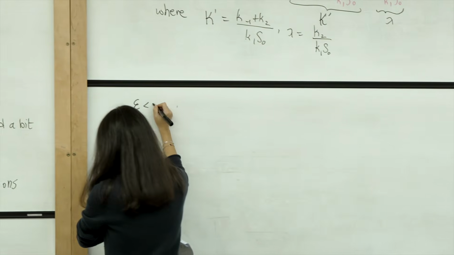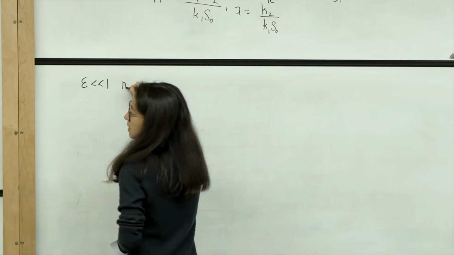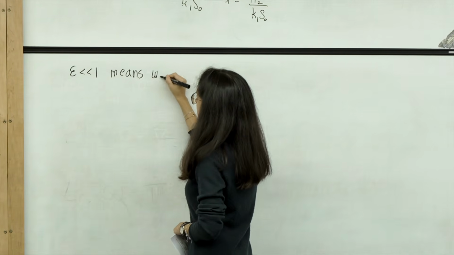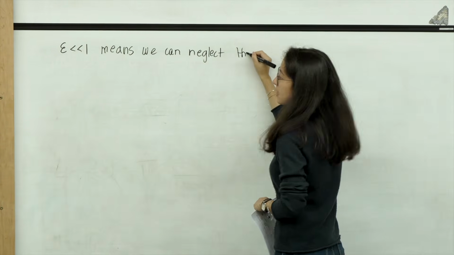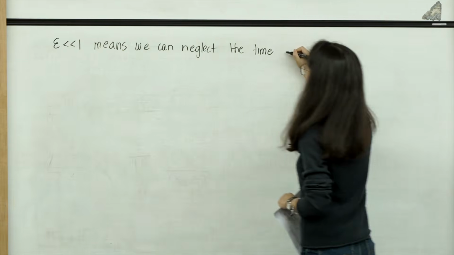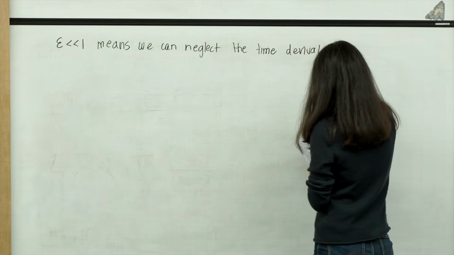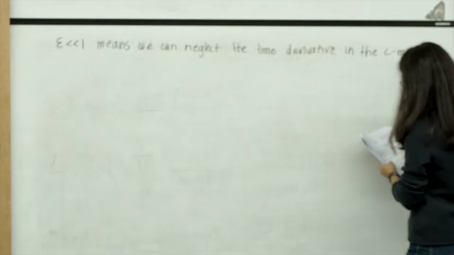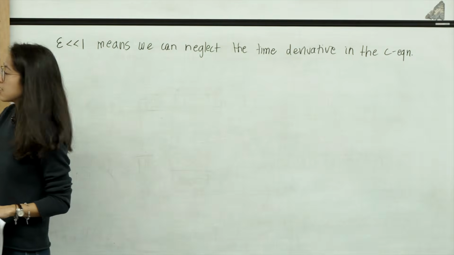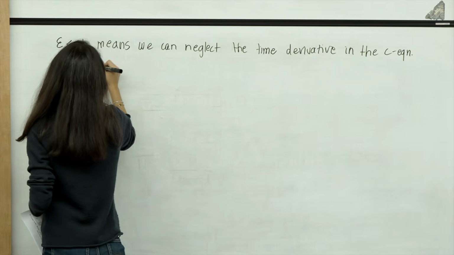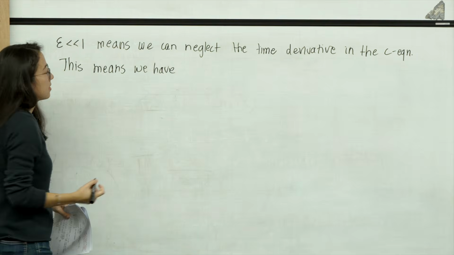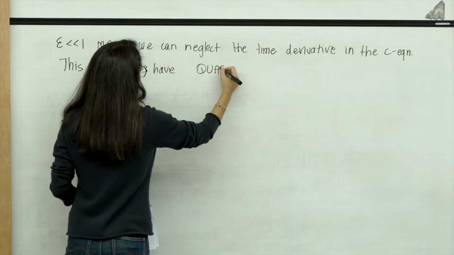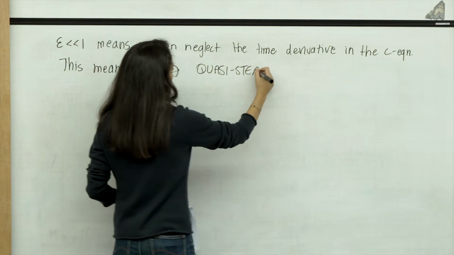So epsilon much less than 1 means that we can neglect the time derivative in the second equation, in the C equation. OK, so basically this means that we have a so-called quasi-steady system.